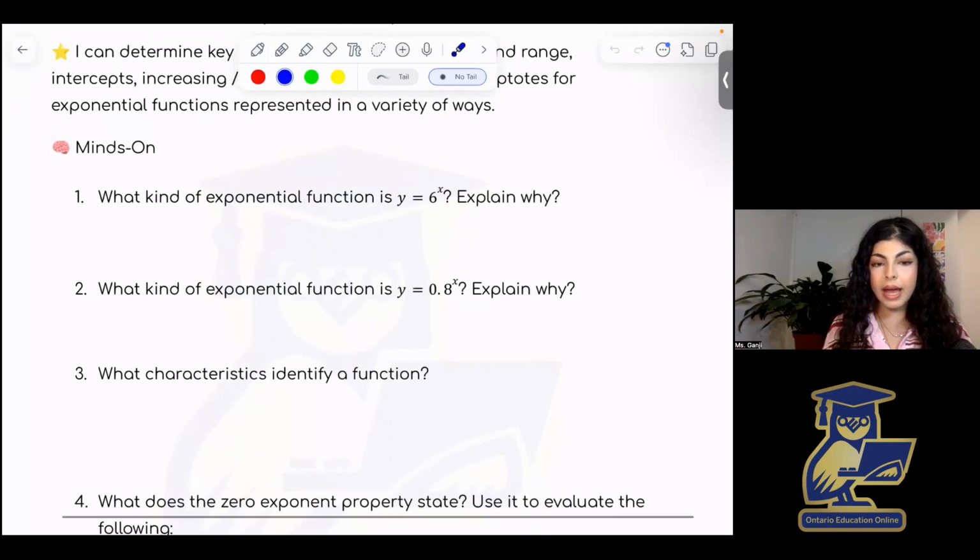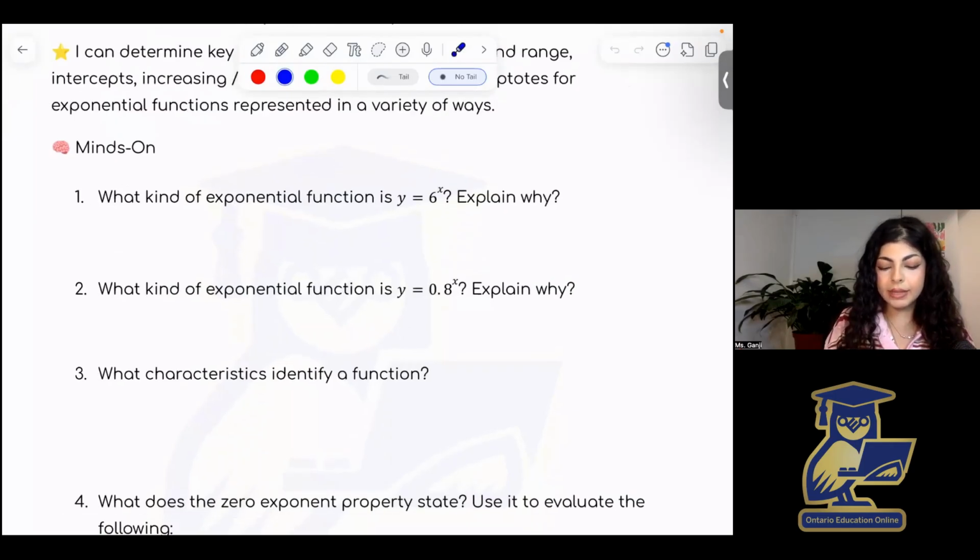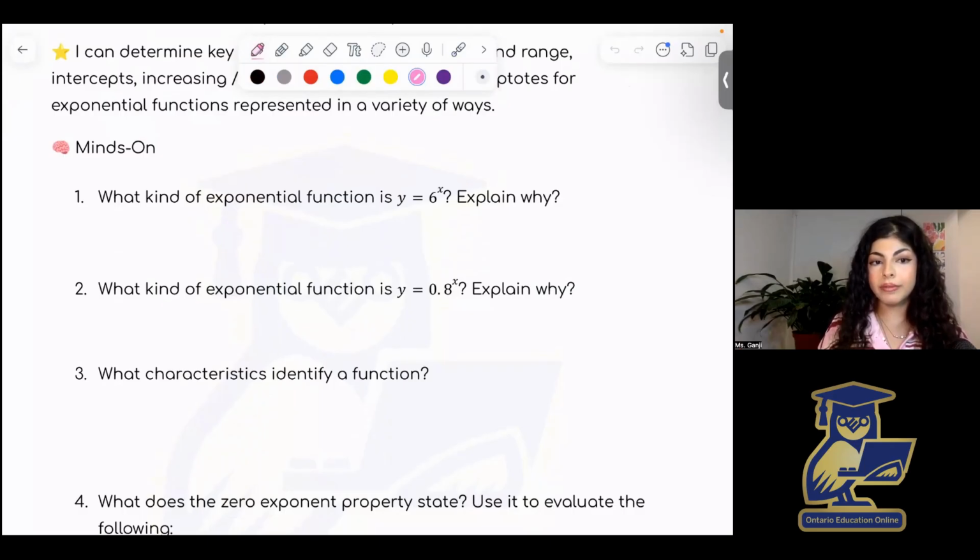So before we jump into our main lesson, we're going to do a bit of a review from what we've seen so far. So starting with the function y equals 6 to the power of x. This is clearly an exponential function because our variable is an exponent. And we're asked what kind of function this is, and specifically, whether this is an exponential growth or an exponential decay.